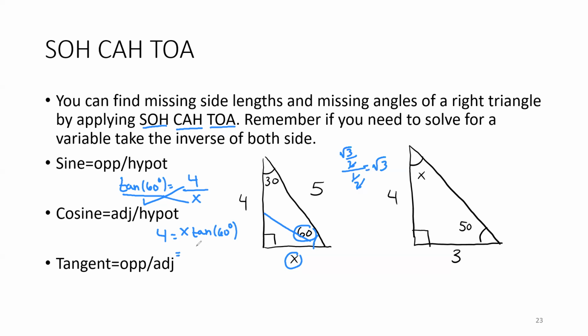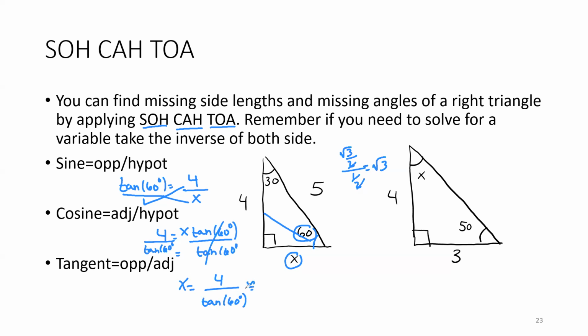For now, you're just going to have to use a calculator. You divide both sides by tan of 60, and now you have x equals 4 over tan of 60. Then you can put it in the calculator.